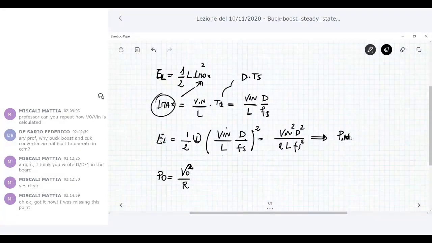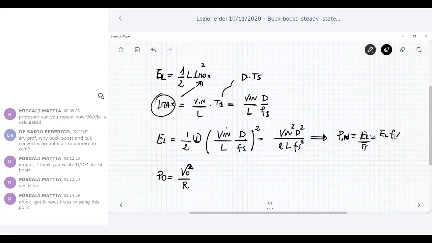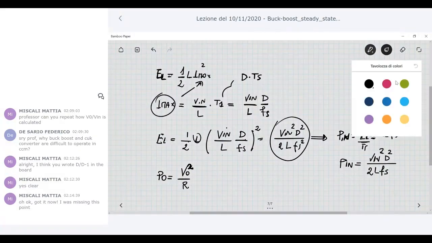So let me move from this energy computation to the input power. The input power is simply the energy EL divided by the period Ts, so it is EL multiplied by Fs. Putting in the expression and simplifying, the input power is Vin squared D squared over 2L Fs.